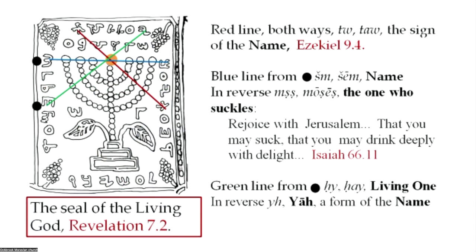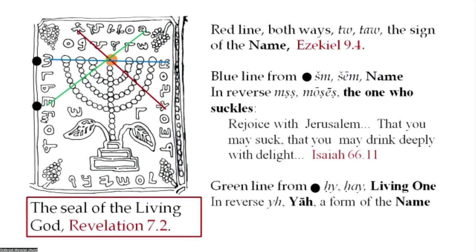Now, here we're getting to something a little bit more complicated. The red line, and you can read this either way, that is the word for the sign of the name. The blue line reading from the dot, that says the name.